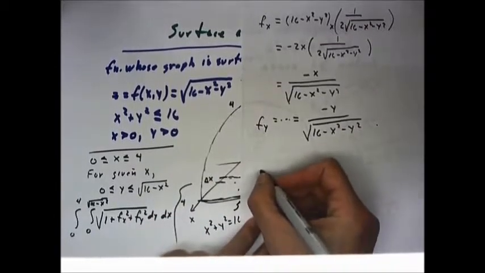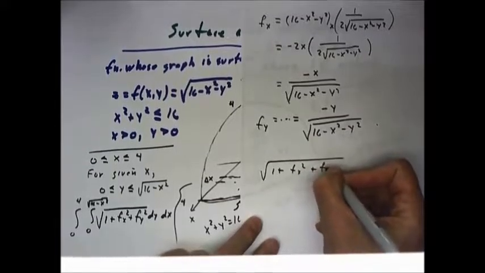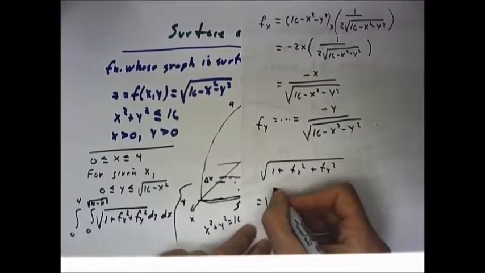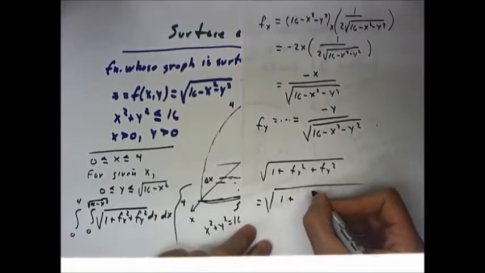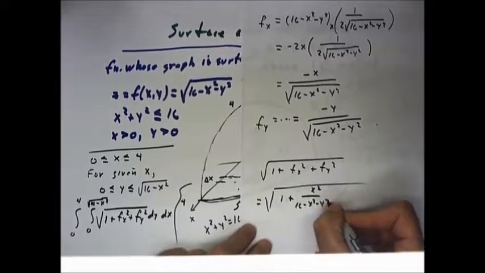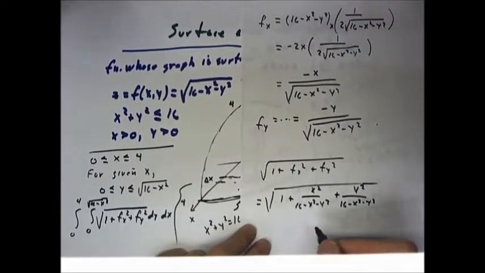So that our expression square root of 1 plus fx squared plus fy squared is just equal to the square root of 1 plus x squared over 16 minus x squared minus y squared plus y squared over 16 minus x squared minus y squared.